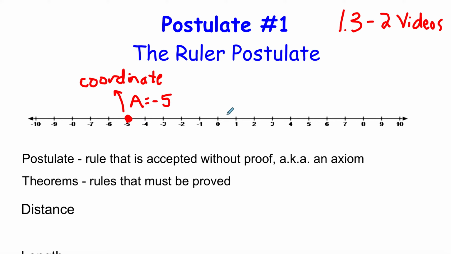Let's say I have another coordinate at 5. Let's call this point B. So I have A and B. A is -5 and B is 5. All the ruler postulate says is that I can basically do what I just did, that I can put points at different coordinates and that those points can represent number values. That's the ruler postulate, that points can represent number values.